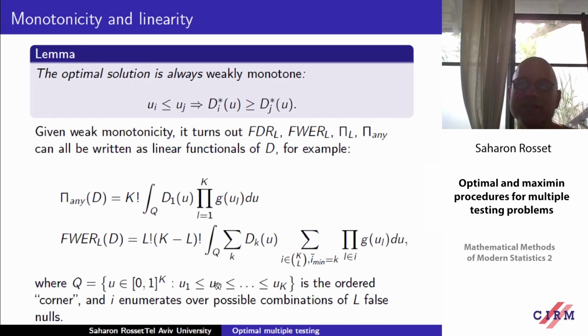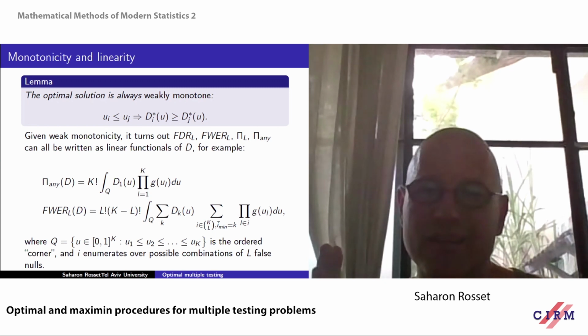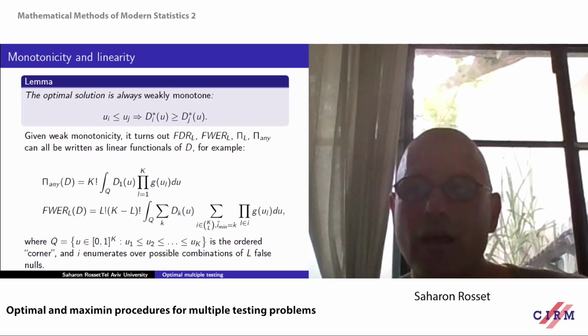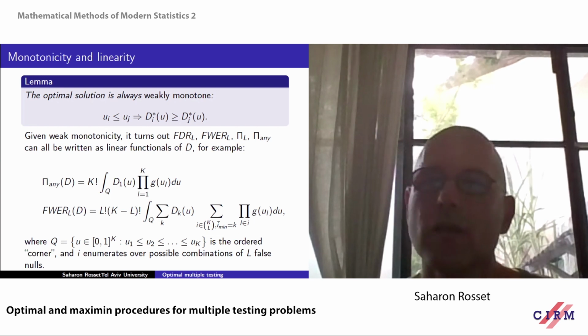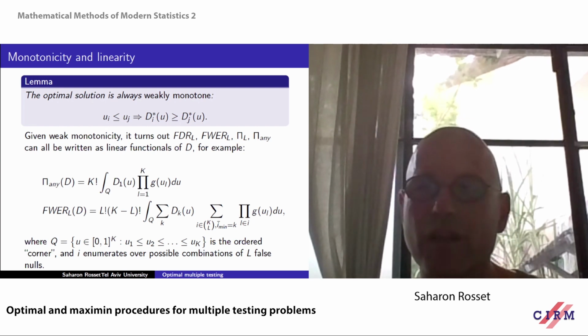So once I limit myself to this set of increasing p-values, that allows me to linearize my power objectives and my constraints. For example, for the family-wise error rate, if I know that I'm rejecting the smallest p-values, then for every state of the world, for every vector h, I just have to ask whether I reject the smallest p-value that corresponds to a 0 coordinate in h. And that basically can be reflected as a linear function on the Ds.